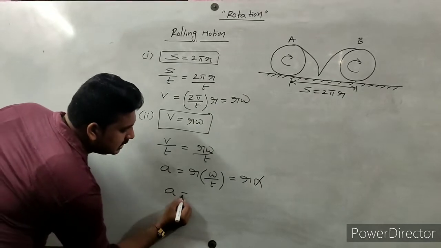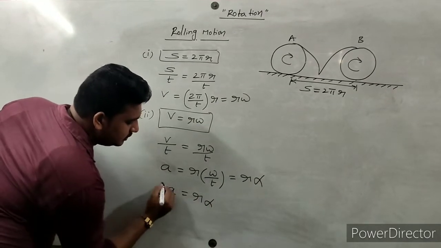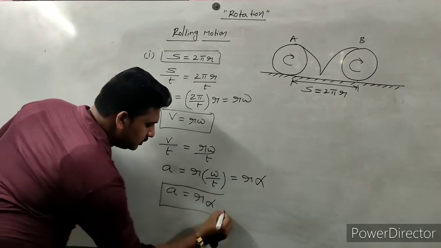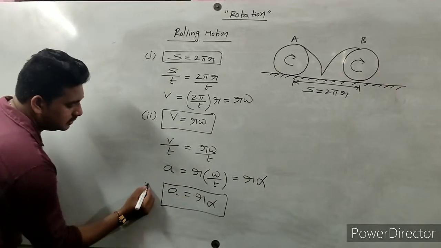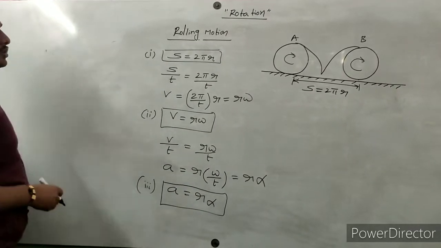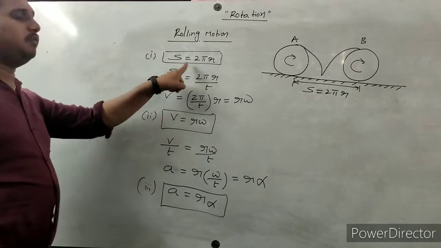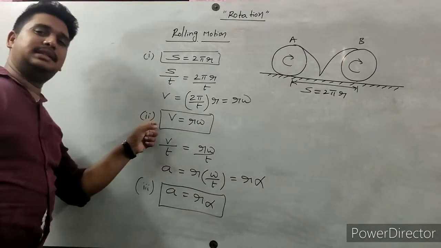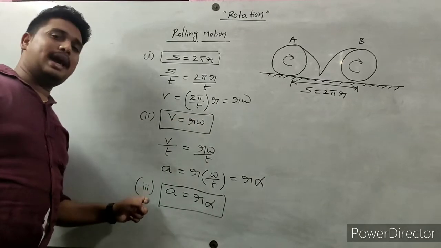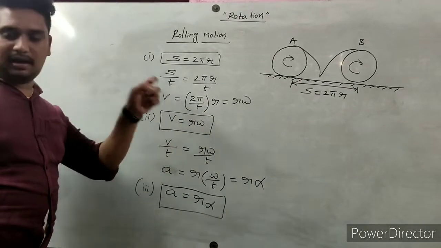That means a is equal to r alpha. So we got three important formulas: the displacement formula 2 pi r, the velocity formula r omega, and the acceleration formula r alpha.